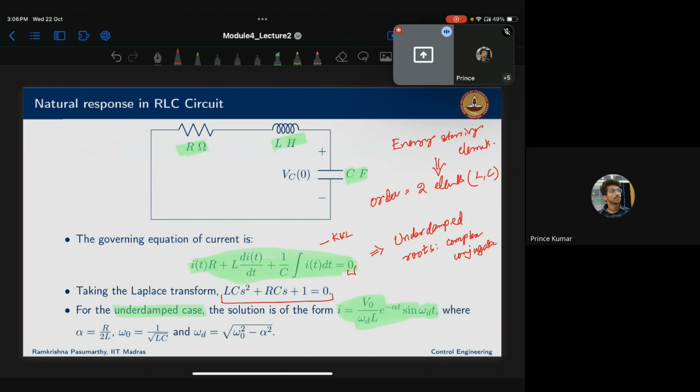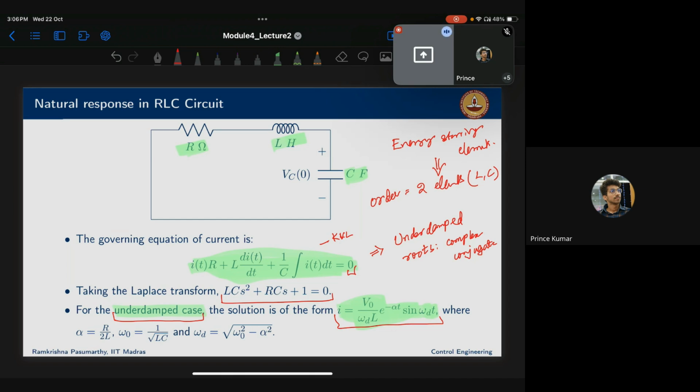For example, when the roots are complex roots, which we also call the underdamped case, we'll have the solution in this form, where alpha is R by 2L, omega naught is 1 by root LC, and omega d is root of omega naught square minus alpha square.